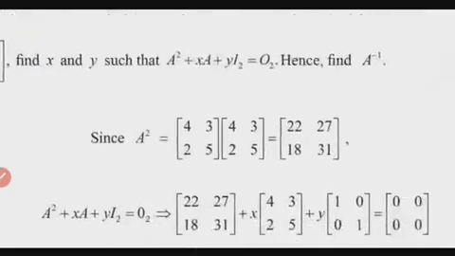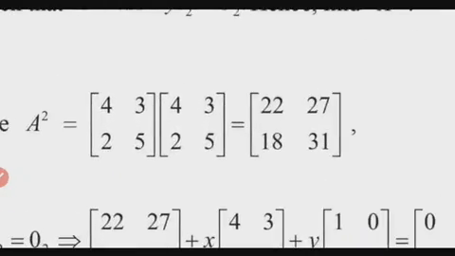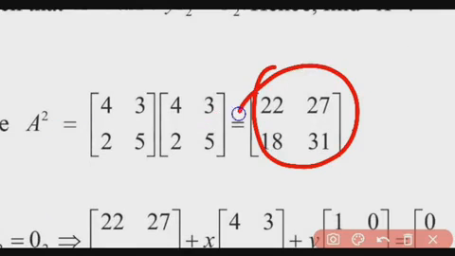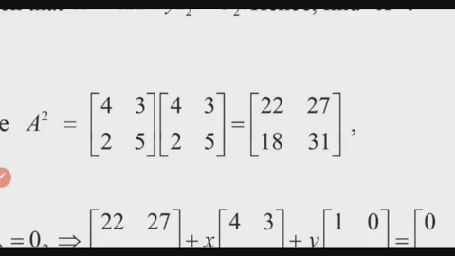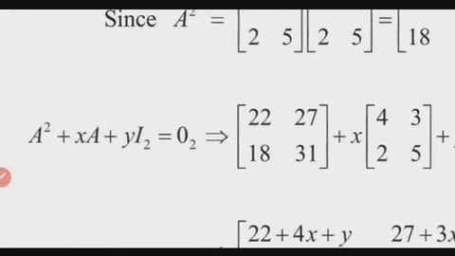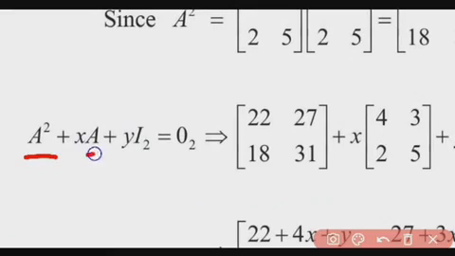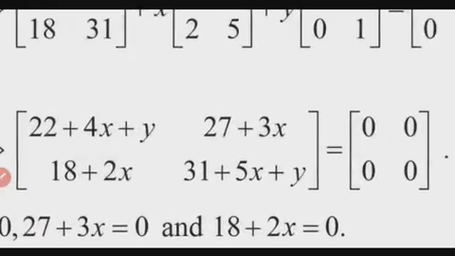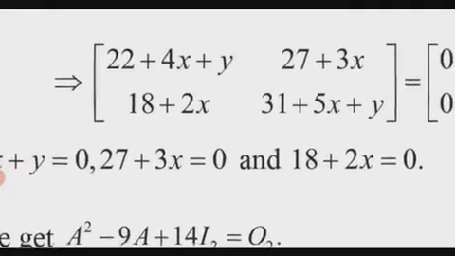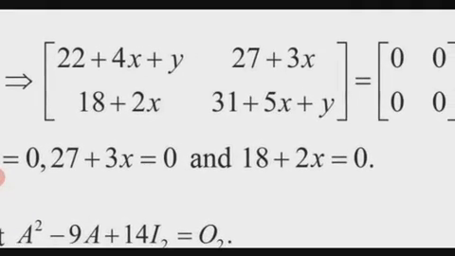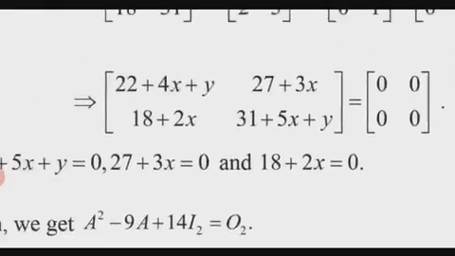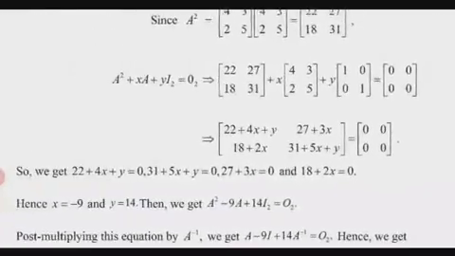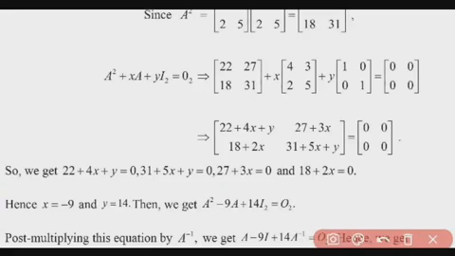So we found first A square equal to 22 27 18 31. Next substitute A square, A, I2 and the 0 value in this equation, then use the usual matrix addition and subtraction method. So we got equations. Compare the two matrices. If two matrices are equal, corresponding elements are equal, then we have four equations.